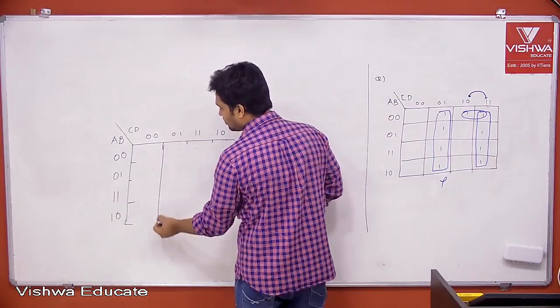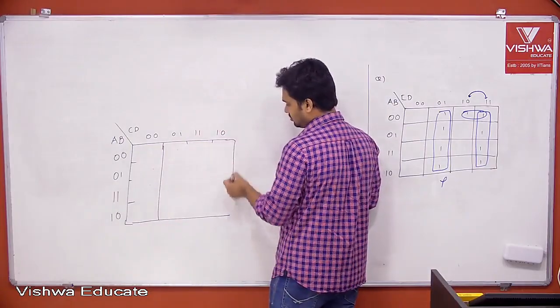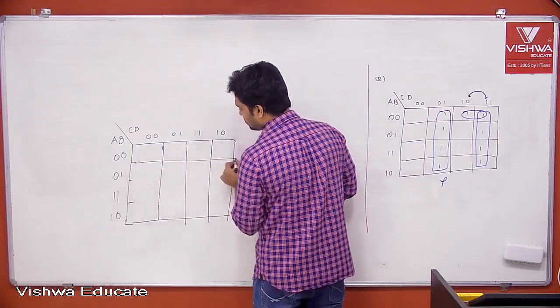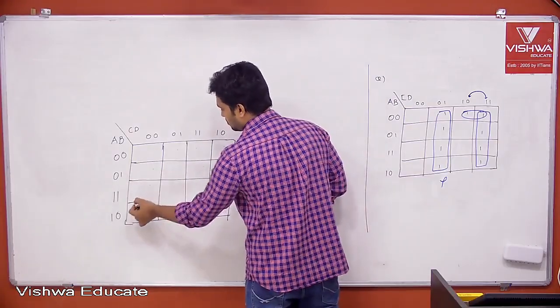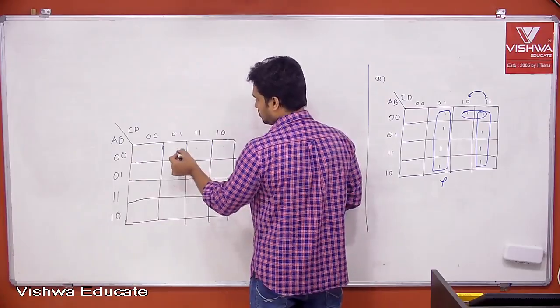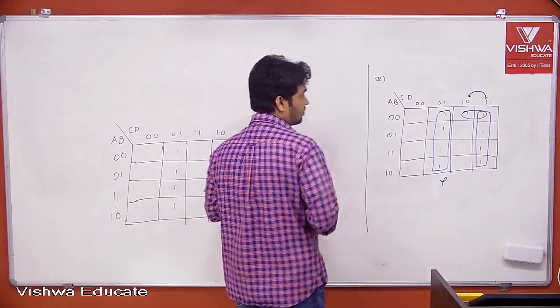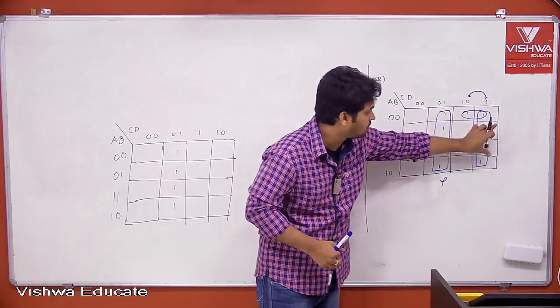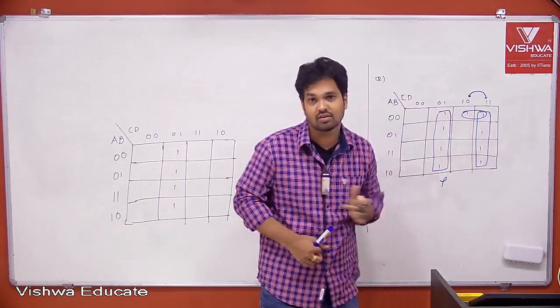What is the solution we'll get? Observe, here first 1, 1 comes, next 1, 0 comes. So this column should be shifted here.